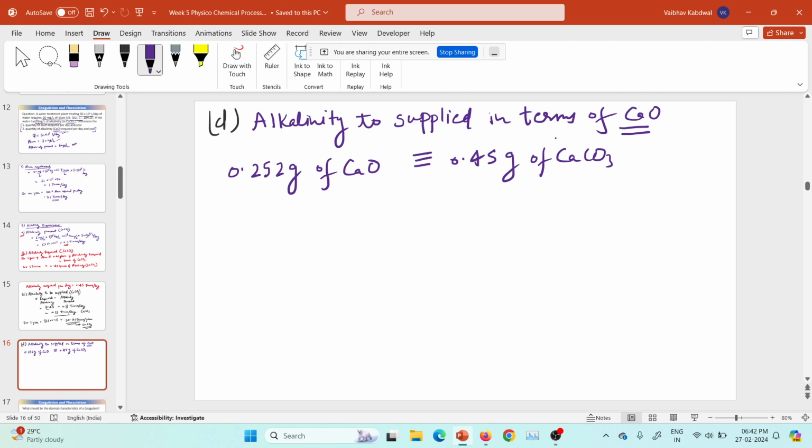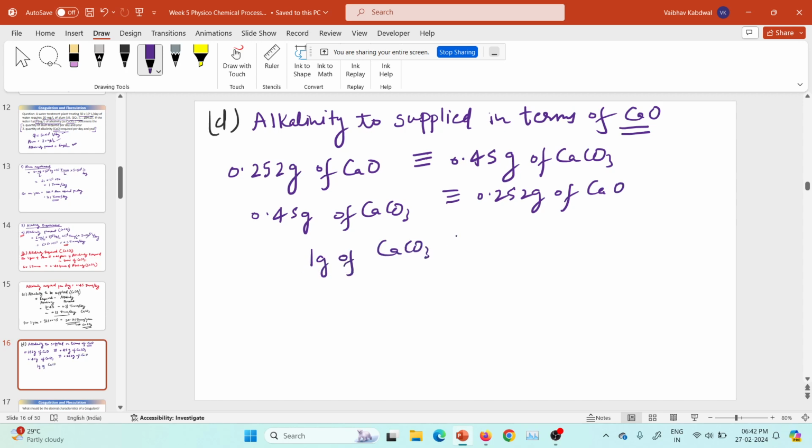Okay, this we are talking in terms of alkalinity. We need to write it in reverse form actually. So 0.45 grams of CaCO3 is equivalent to 0.252 grams of CaO. So 1 gram of CaCO3 will be equivalent to 0.252 divided by 0.45 grams of CaO.